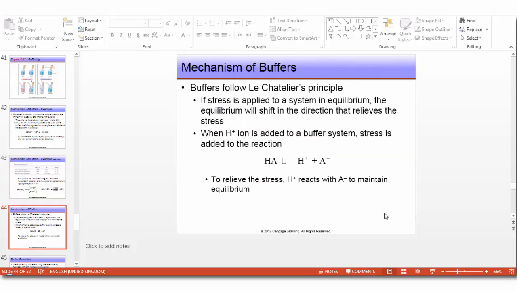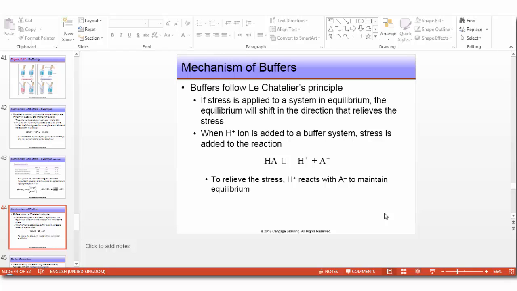Now, the mechanism of buffers. Buffers follow Le Chatelier's principle. This principle says if a system at equilibrium is subjected to a stress, then the equilibrium will shift in the direction that relieves the stress.